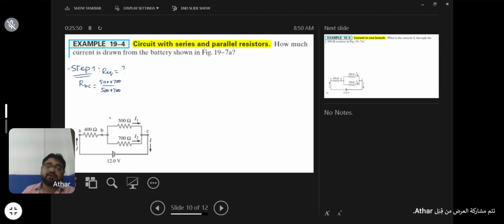The answer will be the same, but at the end you have to flip if you use that one, because that was 1 over R equivalent. So RBC is equal to 350,000 if I am not wrong, over 1,200. The zeros are cancelled. Please check it out if I am not wrong. Just give me the fraction.